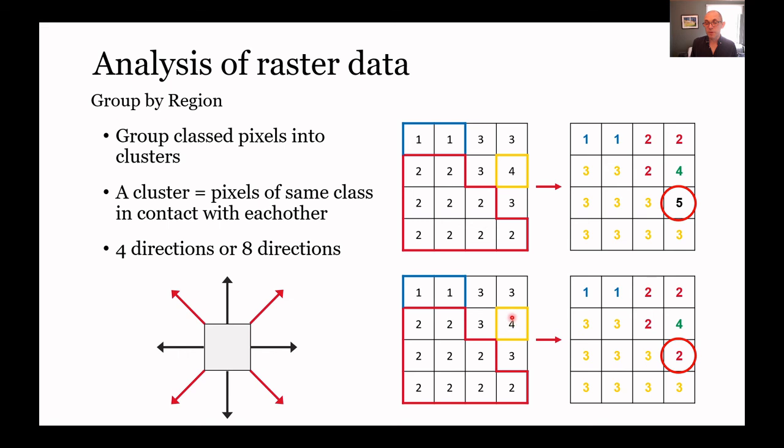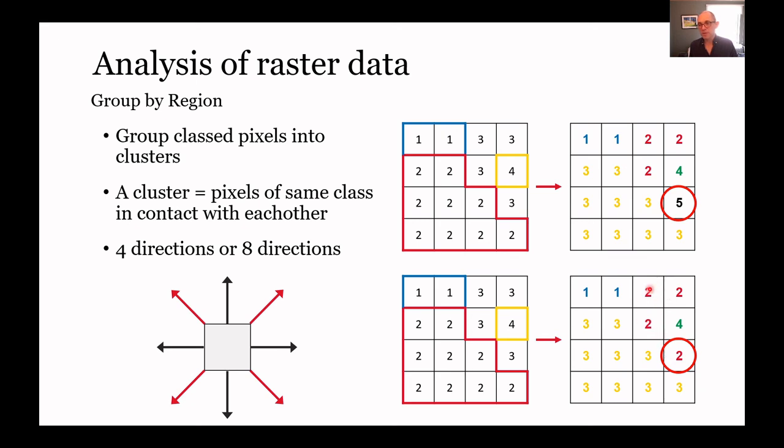But if we want to, we can say to this algorithm, well, check the diagonals as well. So for most of this analysis in this simple example here, it's not going to make any difference. But for this group here, when we are analyzing this, it's not just checking up and down, left and right, it's also checking over that diagonal. It says, oh, that's one of us. So that pixel then becomes included in this group.